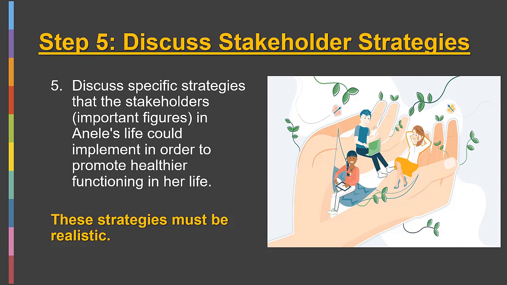Think about what her needs are, which of her needs are being met, which are being compromised. So keep looking through this, and very important that when you do implement strategies, when you say, for instance, this is something that the father can change, and this is what the father should do, and this is how this would help Anele, that you make sure that this is very realistic.